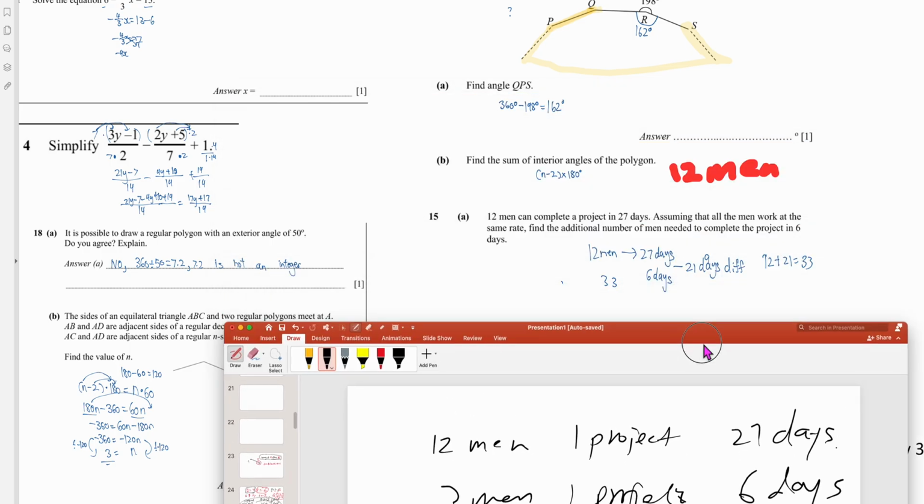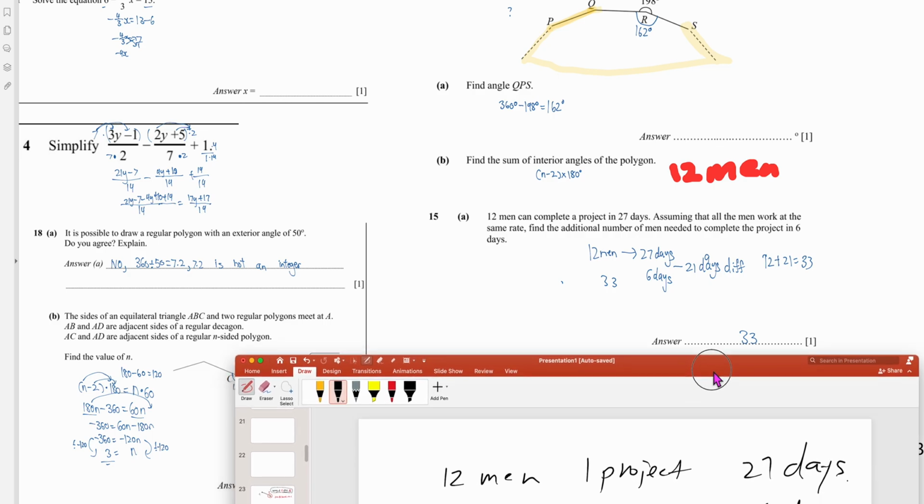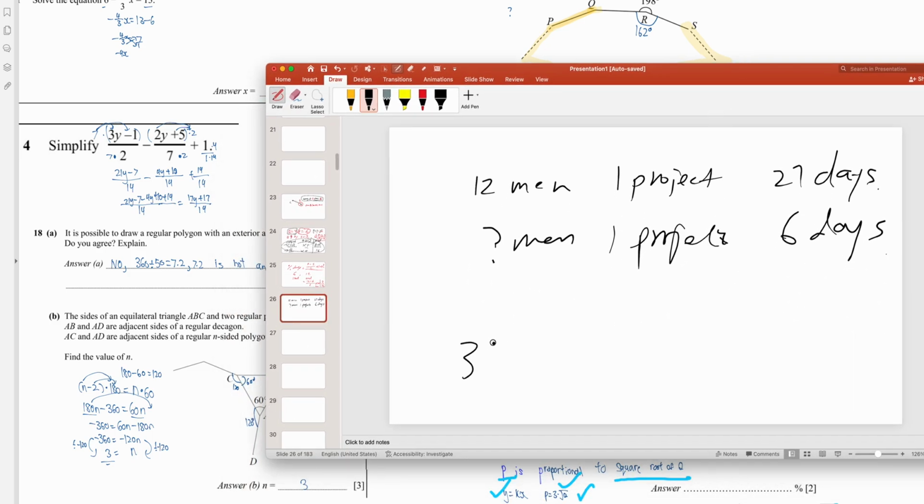What's the additional? 33 or 33 minus 12? Because they want additional. Do you know the meaning of additional? It means on top of. Maybe 33 is the total, but additional should be 12, right, in this case?